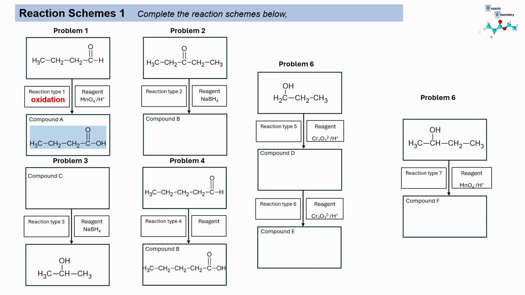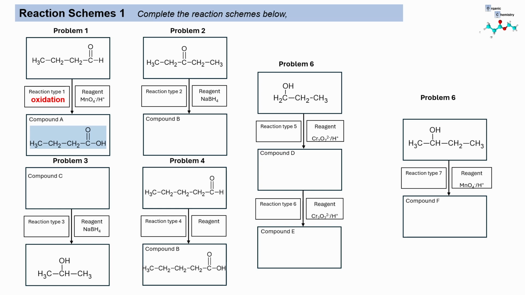Let's look at reaction scheme 2. So here we have a carbon double bond oxygen in the middle of a chain. So this is a ketone. This can't be oxidized, but this is the reactant here. But if we look at the reagent, it's not wanting us to oxidize it. It's sodium borohydride, which is a reducing agent.